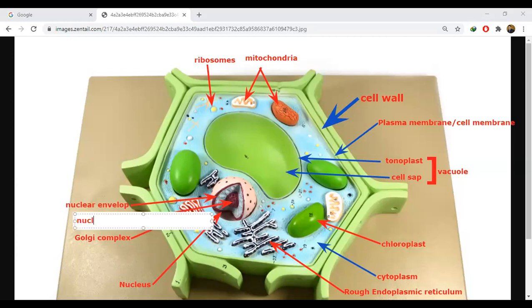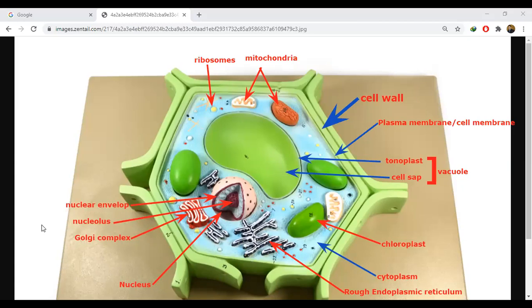They are part of the nucleus. Understood? Is everything clear?